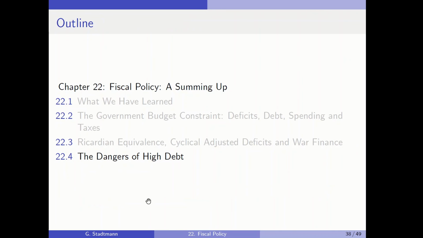So in part 22.3, we talked about the Ricardian equivalence. And in case that the Ricardian equivalence holds, then high debt is not a danger. So government debt does not matter at all. But in this subchapter 22.4, we assume that the Ricardian equivalence does not hold and that government debt comes with some dangers.